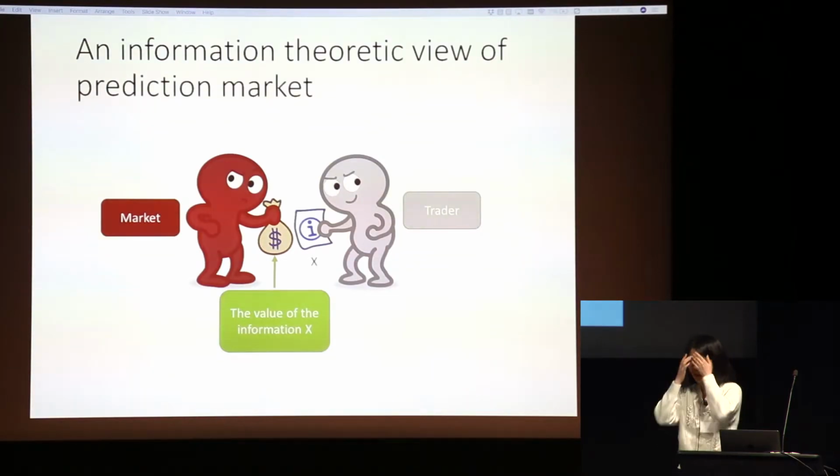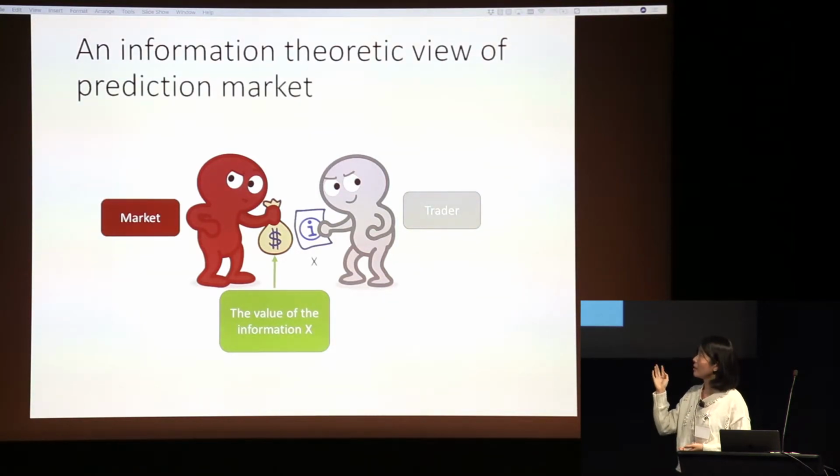Okay, so I'm going to omit the introduction of the probability scoring rule and market scoring rule. So let's just use this to see the prediction market. That may not be the analysis, but it's going to give us a better view of this problem. So basically, the prediction market provides a way for people to sell their information.